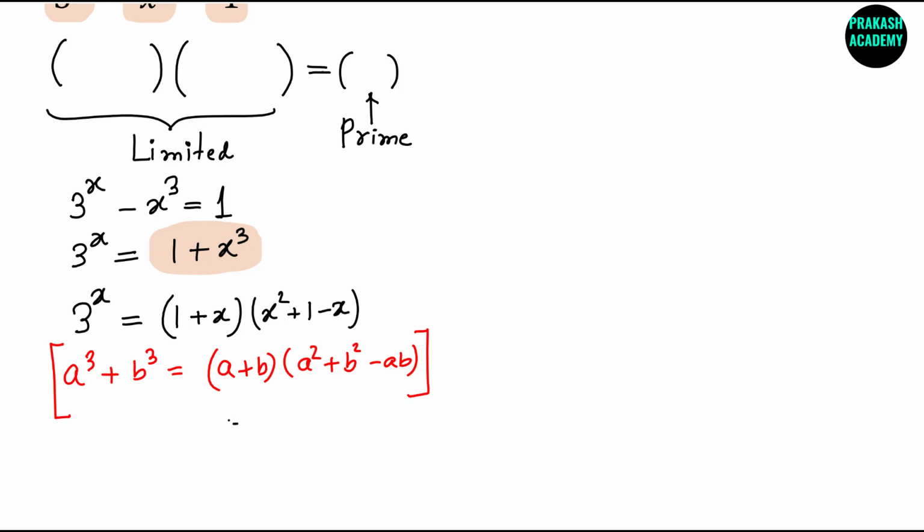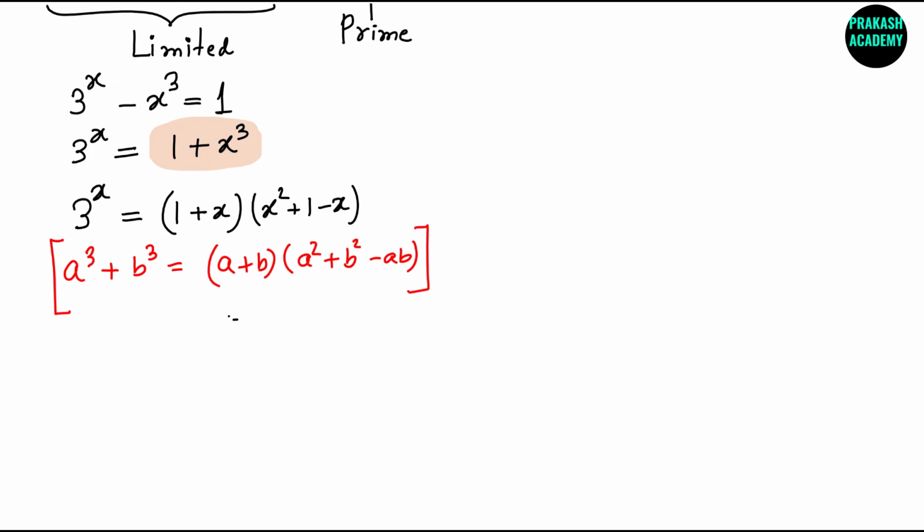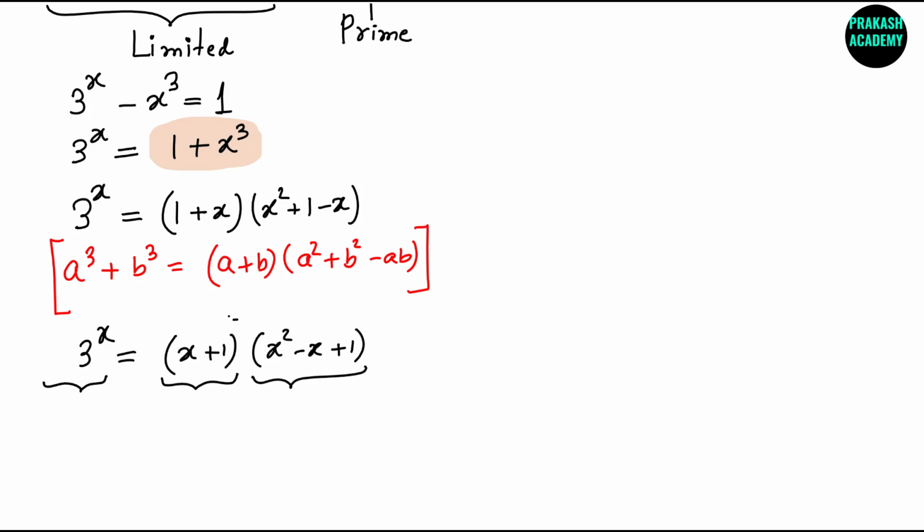Now we have 3 raised to the power x is equal to x plus 1 times x square minus x plus 1. So on this side I have 3 raised to the power x, and on this side we have two factors. What we can do is consider this as 3 raised to the power a.